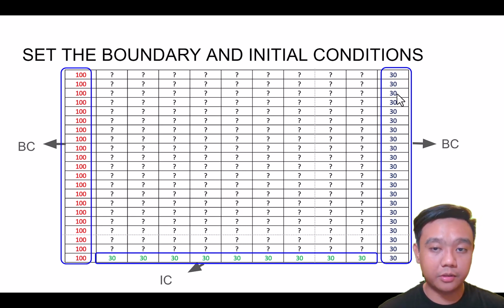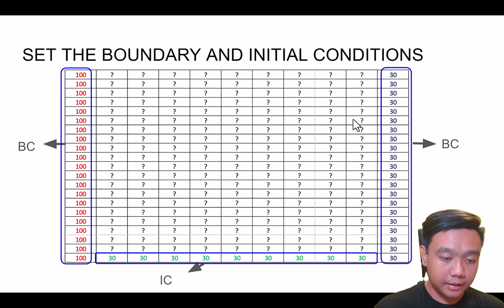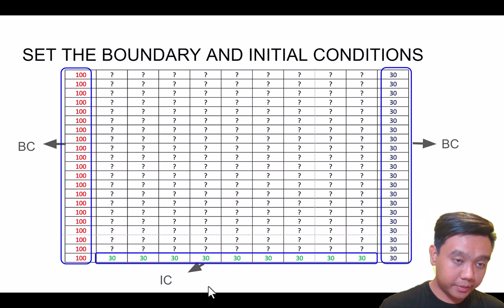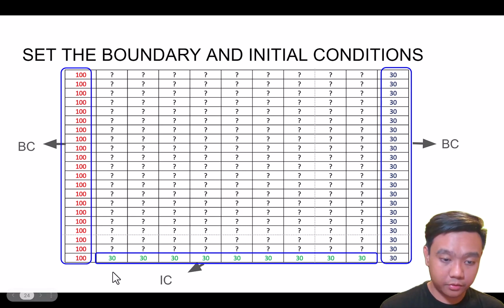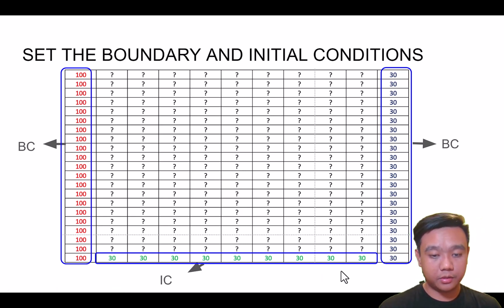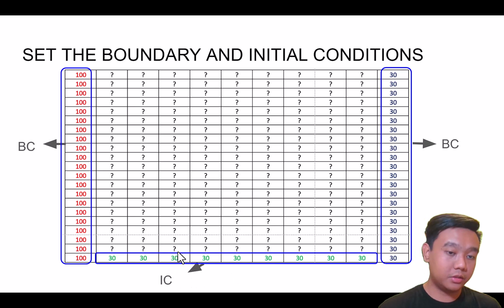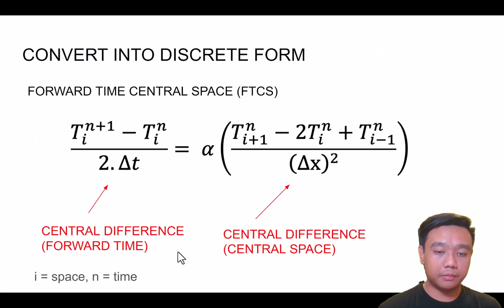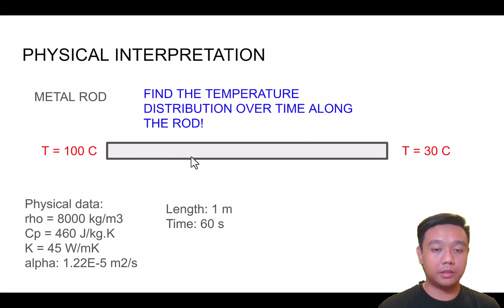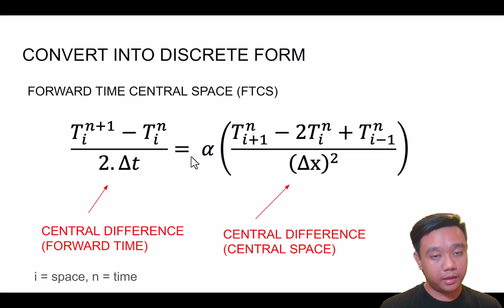I hope you don't get confused with this. And it will lock the number. And also for the lowermost part I will input 30 here as the initial condition. So we assume that this rod initially has 30 degrees Celsius when the time equals 0, or n equals 0.